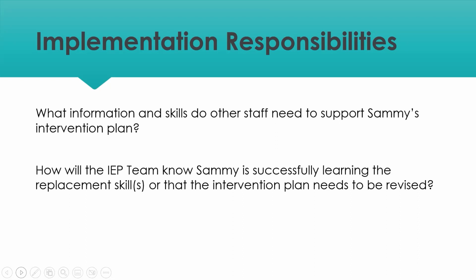Or you might say, I just want you to do it in a 10-minute time frame, like one day at the beginning of the class, another at the end, and another in the middle. So you might have to do a little bit of teaching if you're going to have some support staff or people that aren't as familiar with what the behavior looks like in order to get good information.